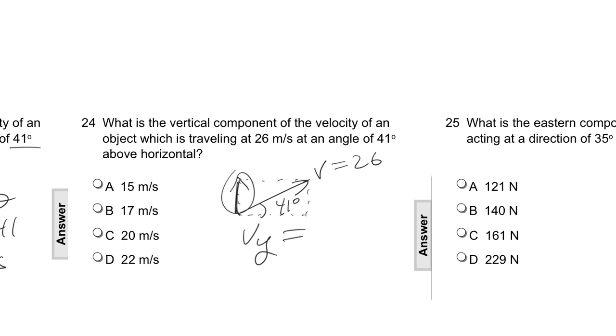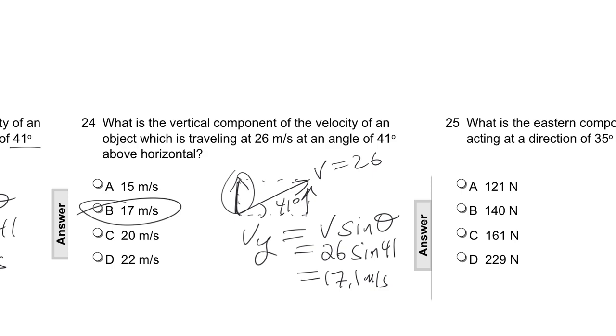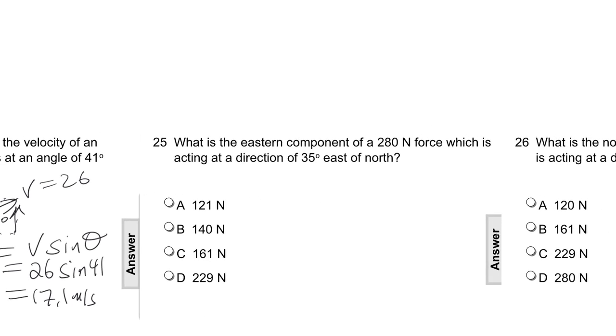And so that's V times sine of theta. So 26 sine of 41 comes out to be 17.1. So rounding to 2 digits, I get 17.